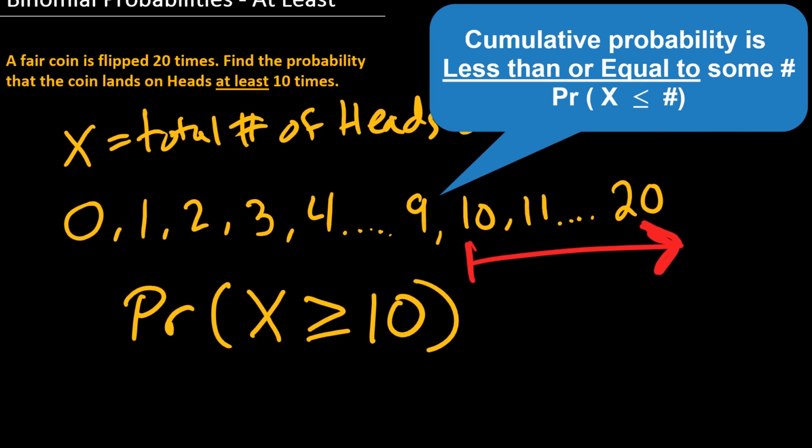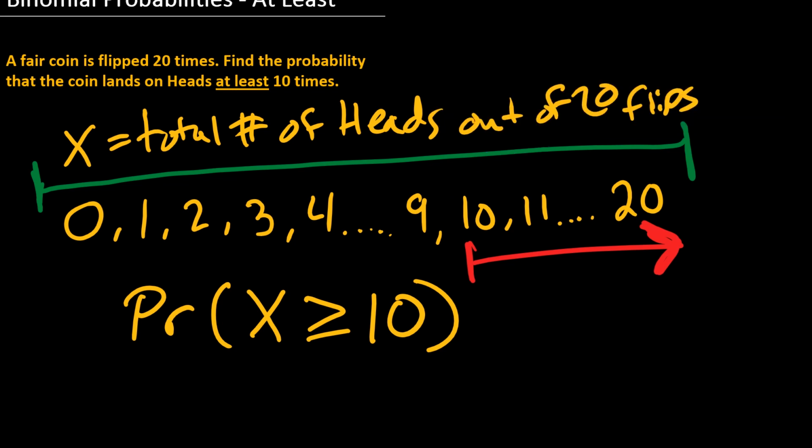Well, if Excel wants to give me something that's less than, then let me use the complement. Remember, the total probability that X is some number between 0 and 20 has got to be 1.